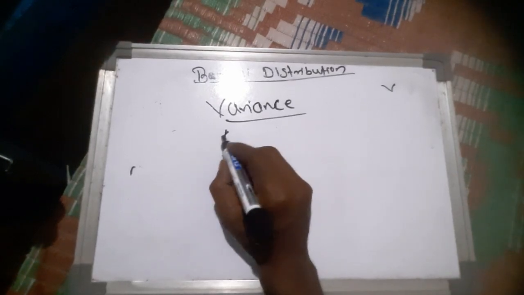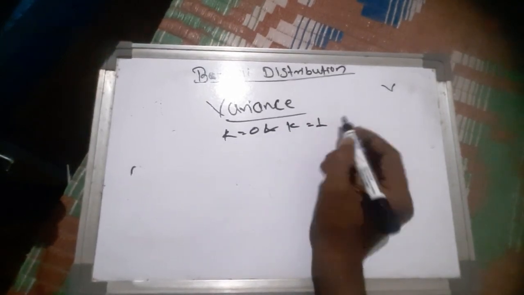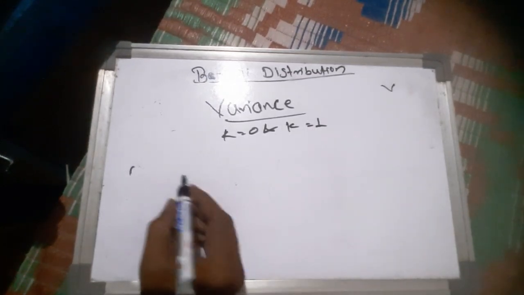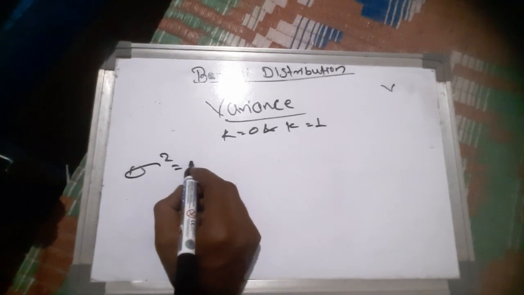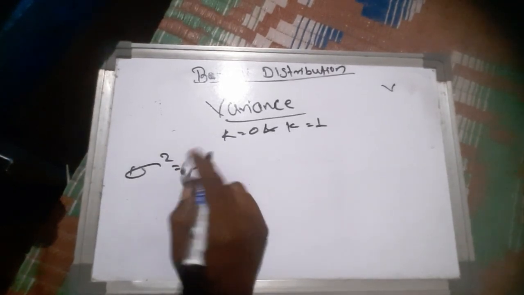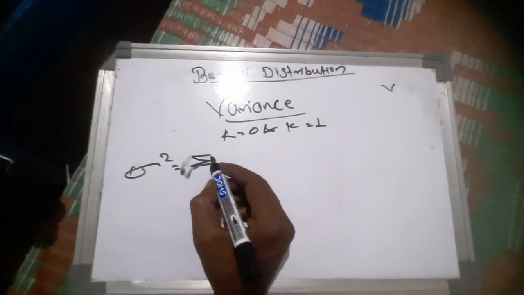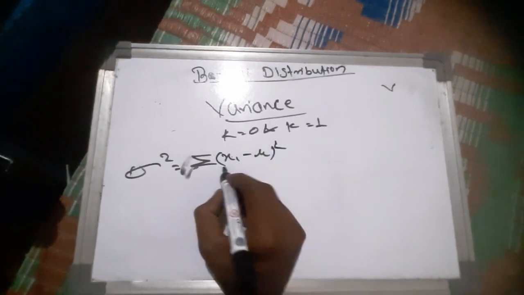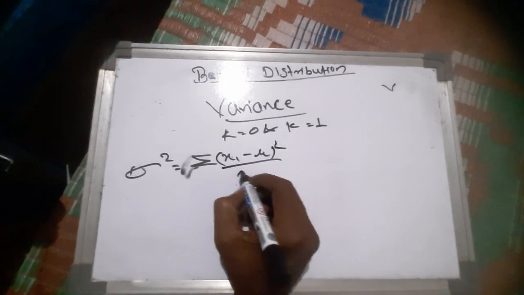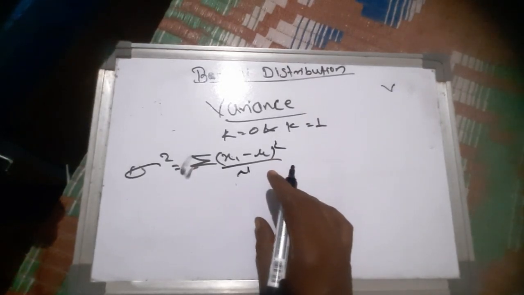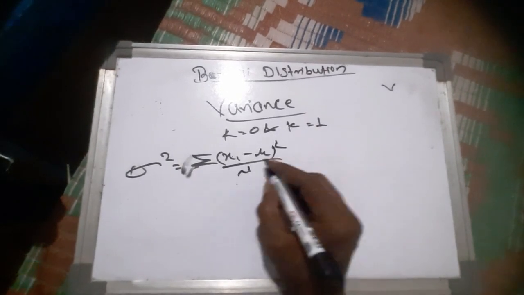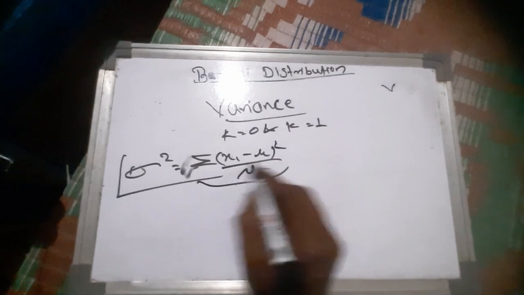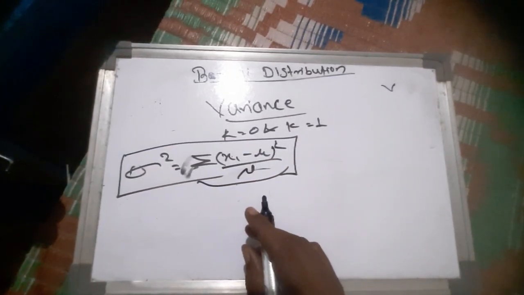Then if k is equal to 0 and k is equal to 1, in that case, the variance is nothing but the summation of (x minus mu) square divided by n, right? This is the formula for variance.